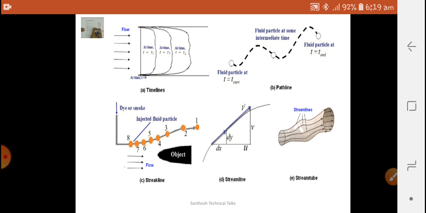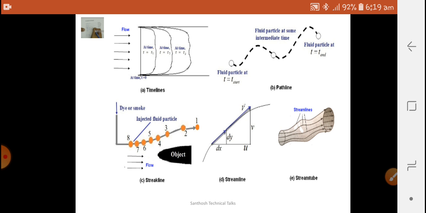If it is a path line, it is very simple. The path traced by the fluid particle is called the path line. If it is a streamline, the tangent of the streamline represents the velocity of flow. So that is our interest.